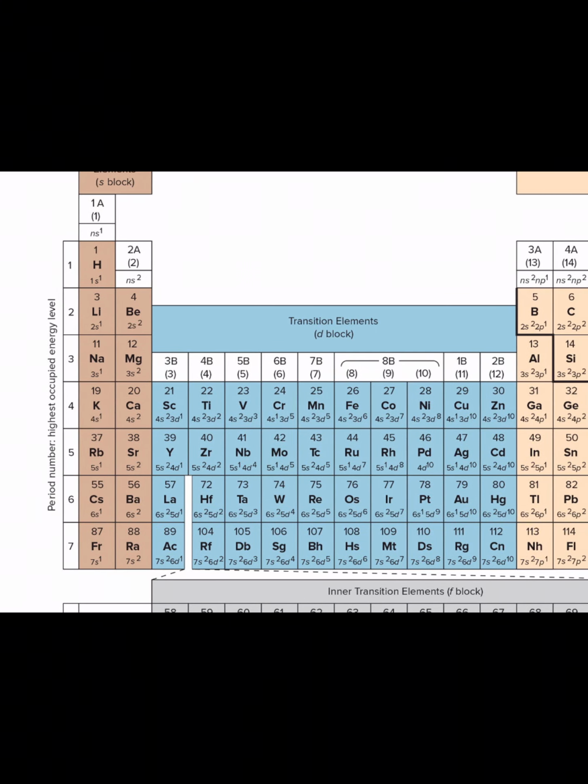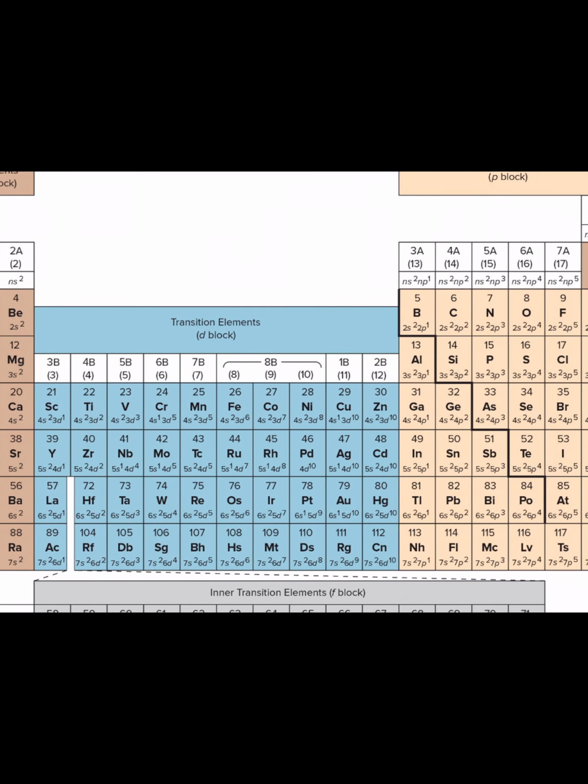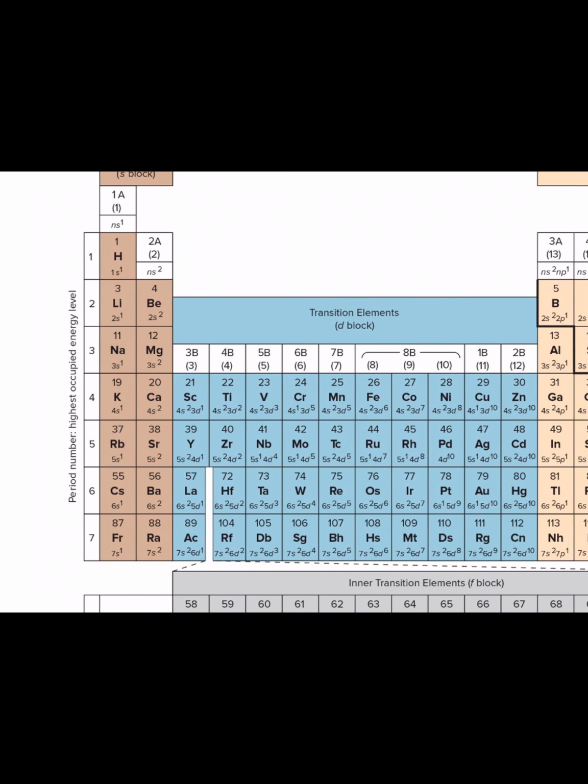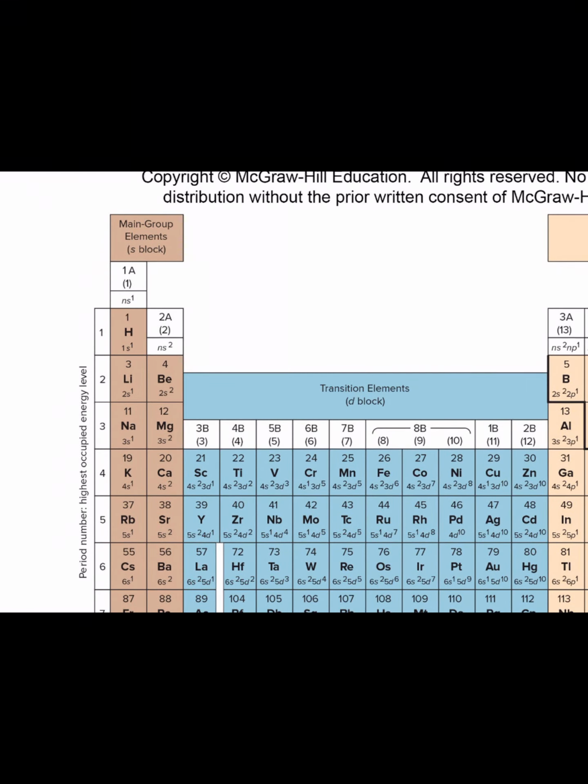So these are the first two blocks, the first group and second group, where the s electrons are being filled. So we call it main group element. This is s block element. This is s1 being filled up, and this is s2.